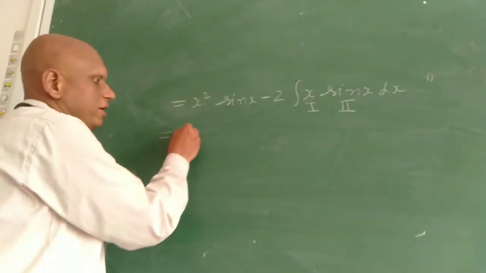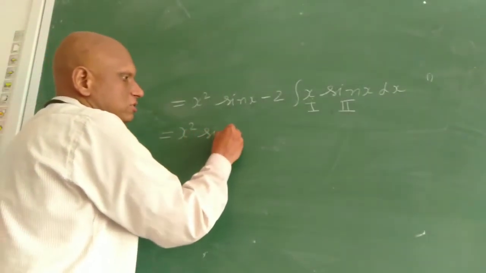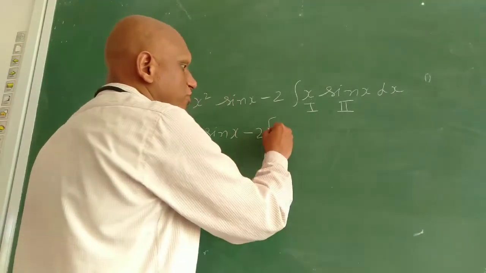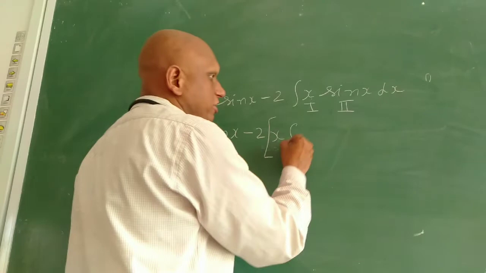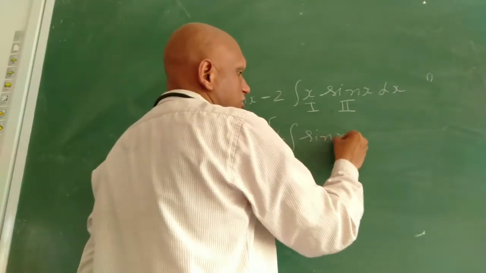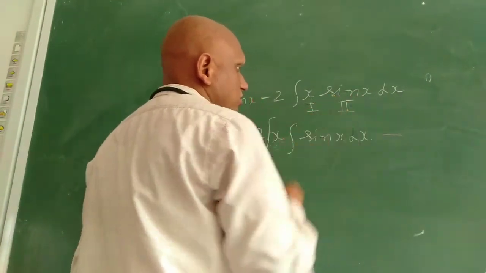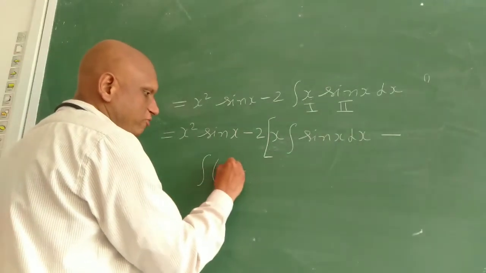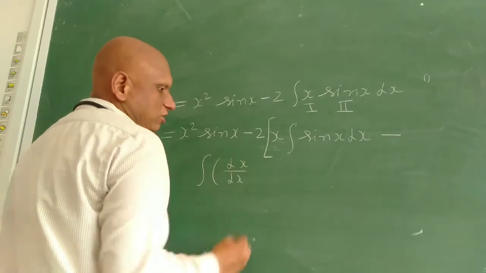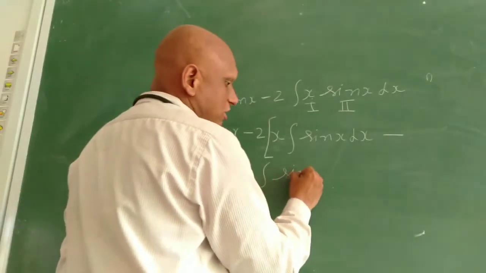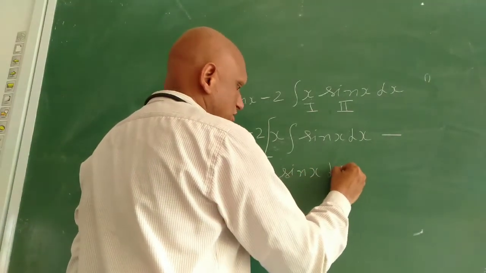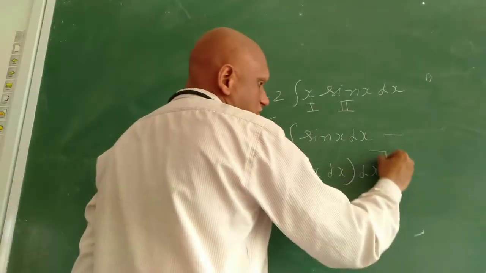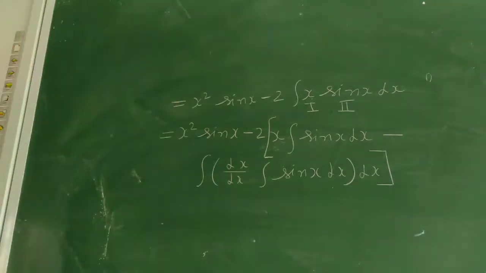Now x square sin x minus 2 bracket: first function as it is, integration of the second function, minus integration bracket, differentiation of the first function, integration of sin x dx, bracket close, dx, and this bracket close is here. Right?